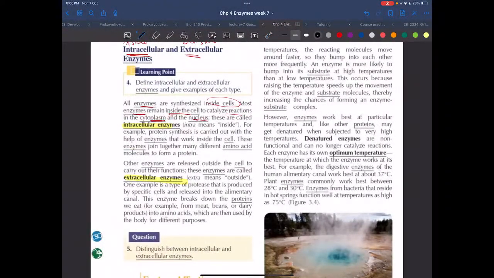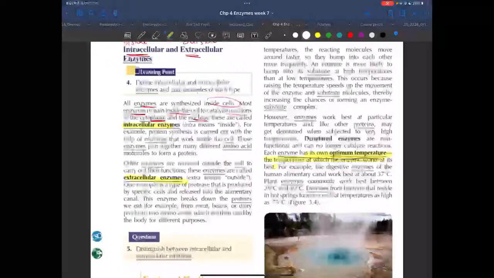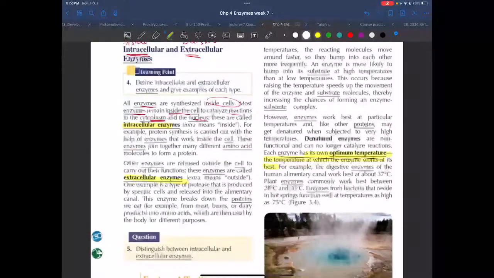So I'm going to write it here. Each enzyme has its own optimum temperature, the temperature at which the enzyme works at its best. Now this varies. Some enzymes function best at high temperatures. Some enzymes function best at a lower temperature, for example, maybe 30 degrees Celsius.